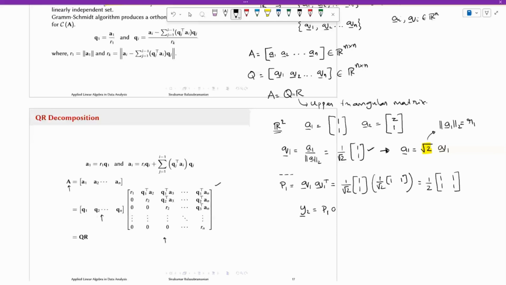So it will be half of 1, 1, 1, 1 multiplied by 2, 1. What will that be? Yeah.